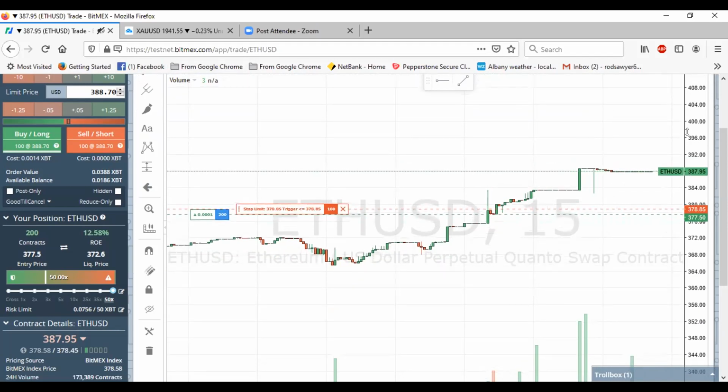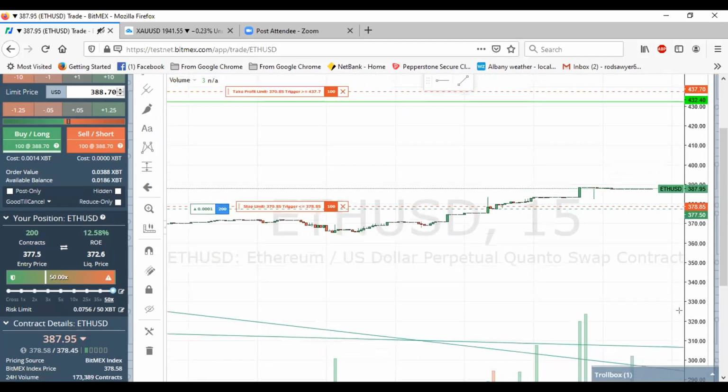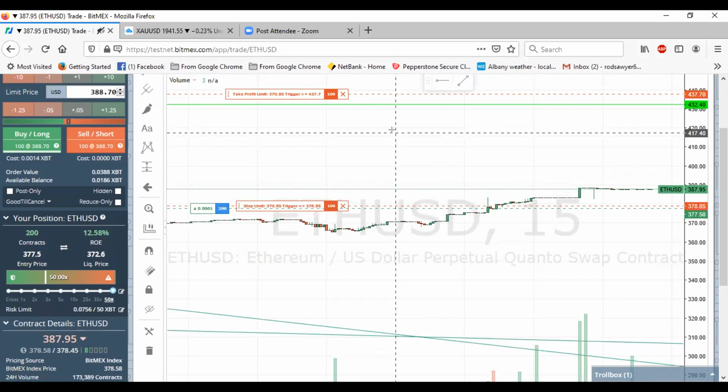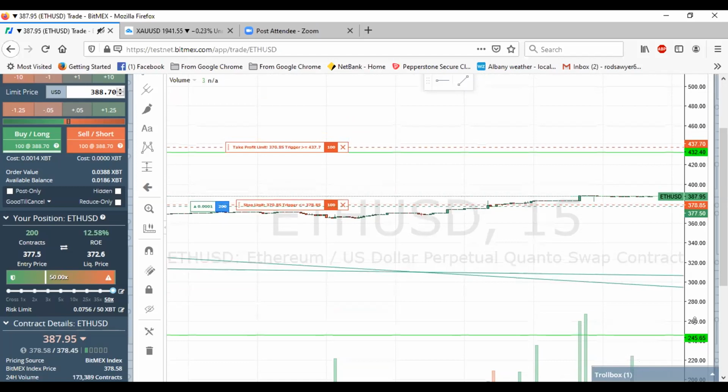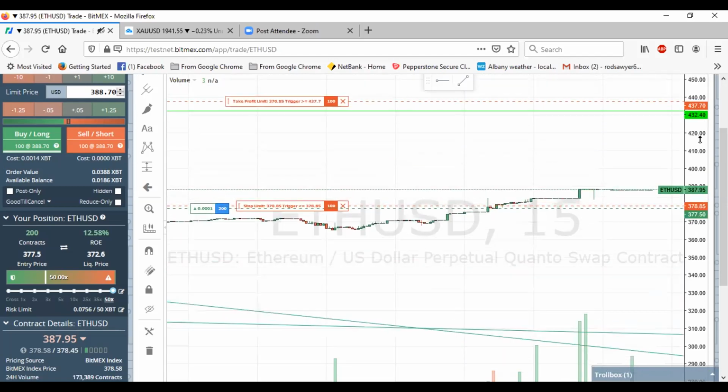Where is your take profit line hiding? Okay, so you take profit there for 100 contracts. Yeah, that was the original one. When you reckon it was a bit too high the other day and to take out another one a bit lower. And I can't see a second one anyway.